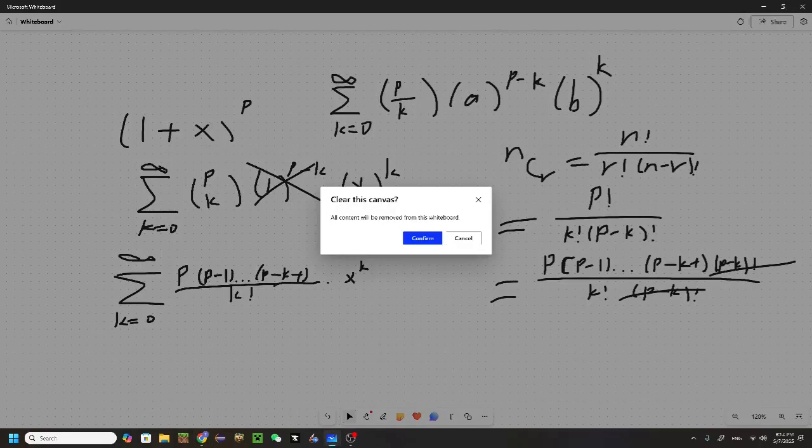So let's clear the canvas. How will this work? So the limit, I think, will be k to infinity, and the first term should be, because it only affects k, right? So we have on top p times p minus 1 all the way to p minus k plus 1, right?